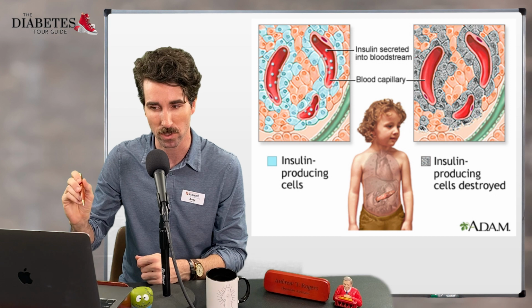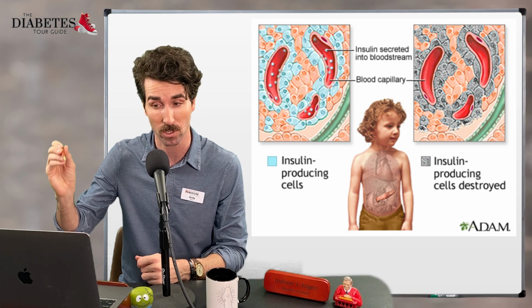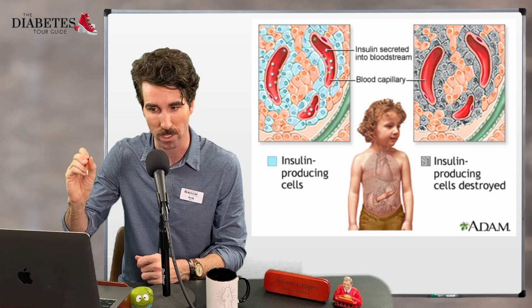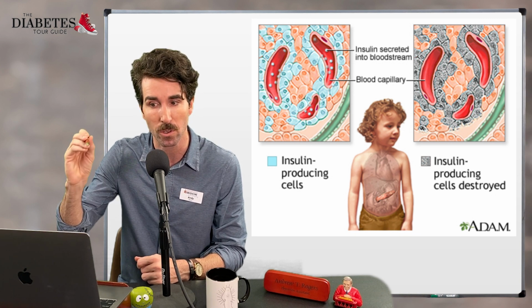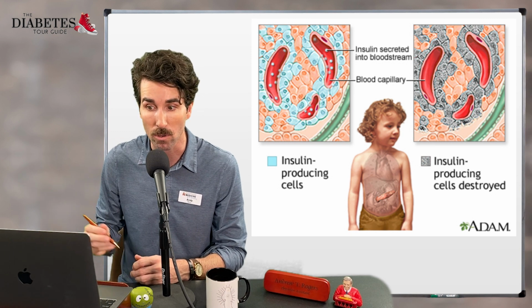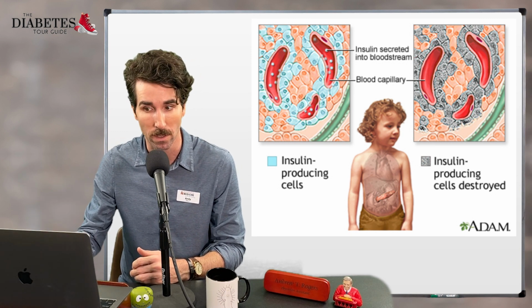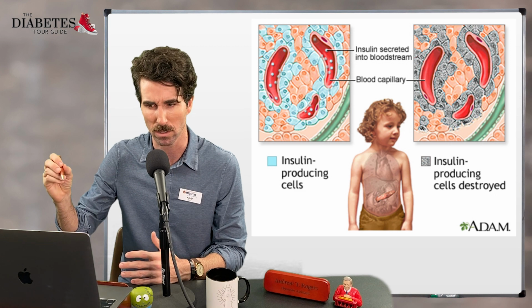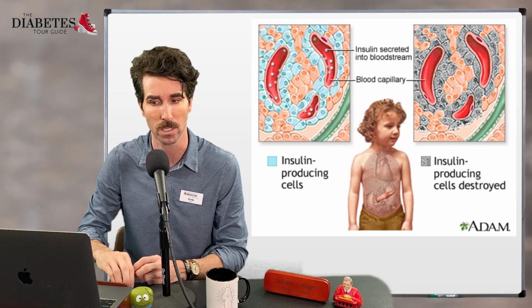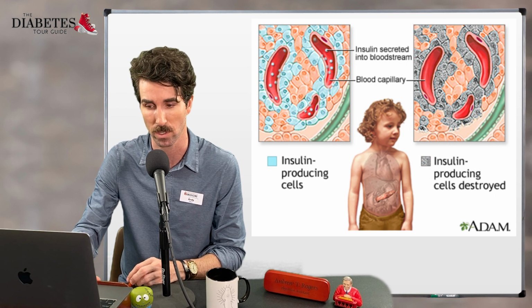So on one side, you'll see that insulin is secreted into the bloodstream from those very viable light blue cells that are surrounding the bloodstream. Those are the beta cells that make insulin. On the other side, you'll notice that those cells are destroyed. So they're darkened, they're decrepit, they're necrosed, they don't work anymore. So no insulin is going into the bloodstream.